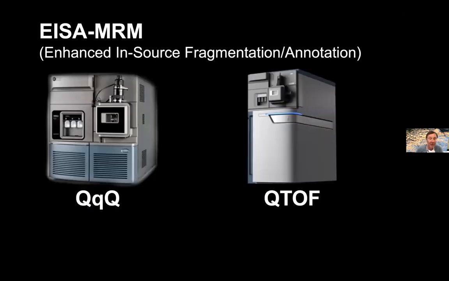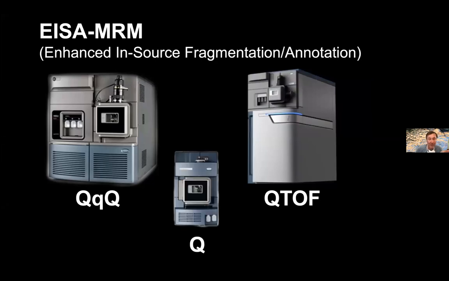And with that, I think some of the implications of this is that, one, as an alternative to using a triple quad, you can use a single quad, but also it allows us to use quadrupole time of flight mass spectrometers as devices that can do both untargeted analysis with the TOF, but also targeted quantitative analysis with the quadrupole.